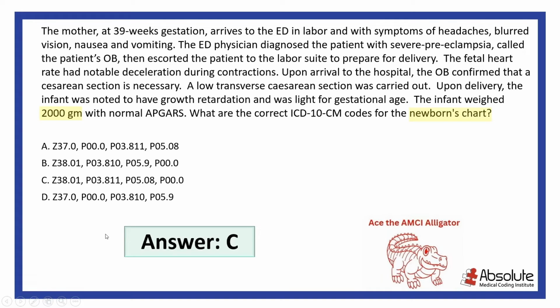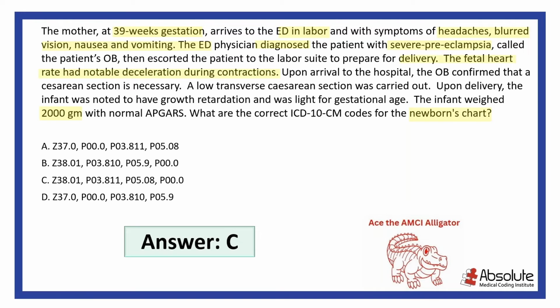Yes, great coders. So the correct answer for this scenario is going to be option C. And we have a 39-week gestation mother. She is in the ED in labor, with headaches, blurred vision, nausea, and vomiting. The ED physician diagnosed the patient with severe preeclampsia and asked her to prepare for delivery.